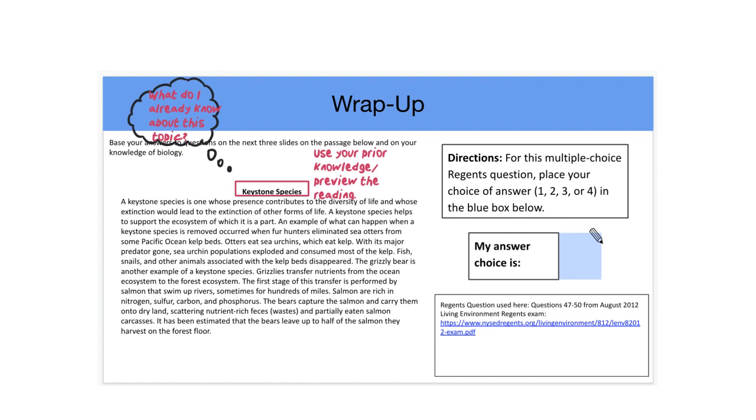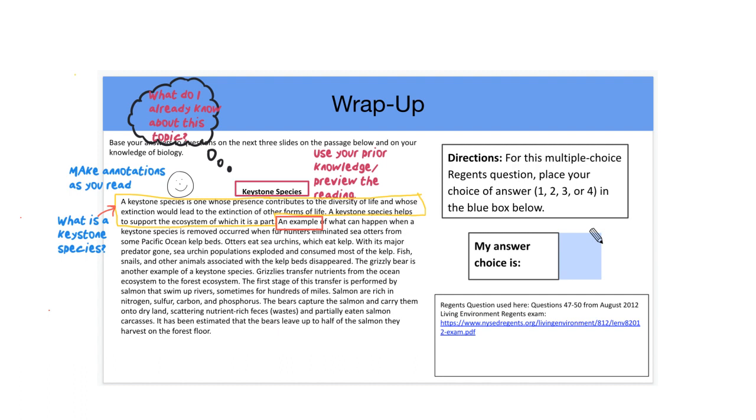Tip number 2. Annotate as you are reading the text. What is this paragraph talking about? Specify the main idea of each part of the reading. For example, at the beginning of the reading, I can see how the concept of keystone species is introduced. And then I see the text is giving me 2 examples of keystone species.